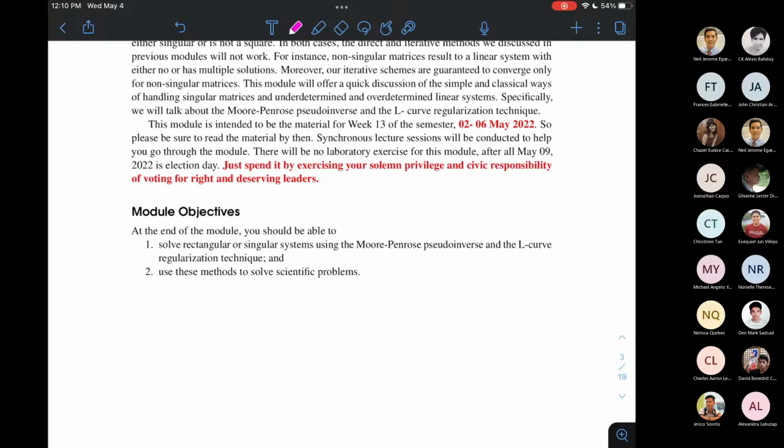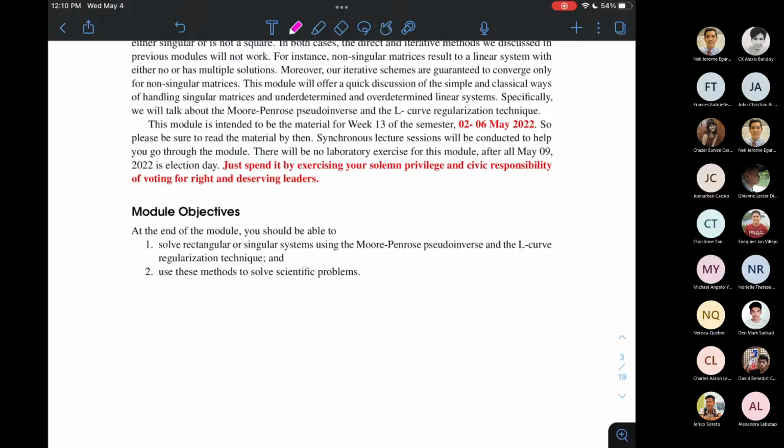Unang-una, dapat yung matrix ay invertible. Okay, or non-singular siya. Dapat may inverse siya to guarantee the existence of a unique solution. And the number two, dapat or consequently, siya dapat ay square matrix. Kasi walang konsepto ng inverse para sa mga matrices na hindi square.